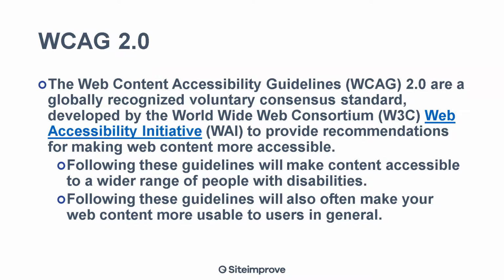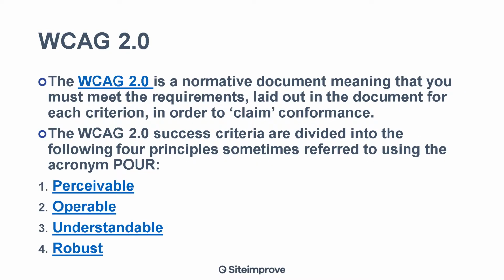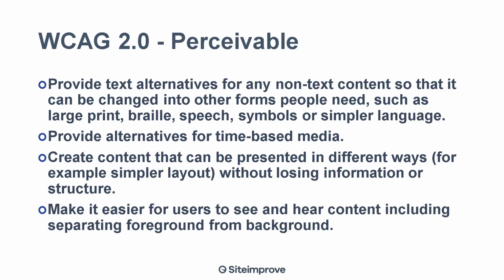So 2.0 is still relevant today. 2.0 is a normative document, meaning, like I said, that you have to meet the requirements laid out in the document for the criteria in order to claim conformance. So these success criteria are divided into the following 4 principles, and we'll discuss those. We'll just go over them briefly: perceivable, operable, understandable, and robust.